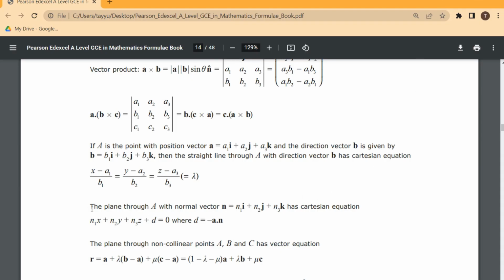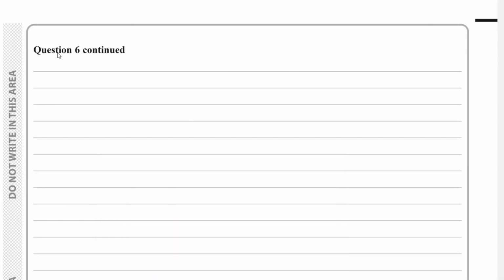We know that a plane through A with normal vector n equals n1 i plus n2 j plus n3 k has Cartesian equation n1 x plus n2 y plus n3 z plus d equals 0, where d is equal to negative a dot with n. And so using that information, we can say pi is given by x plus 2y subtract 3z equals some constant d, where the coefficients of x, y and z are the normal vector.